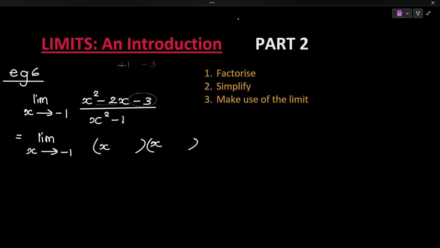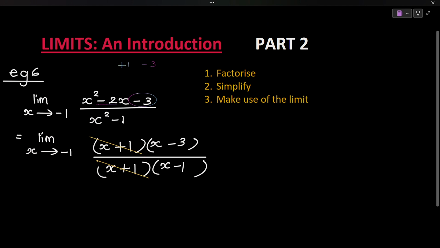So one bracket is going to have x plus 1, the other bracket will be x minus 3. Denominator is difference of two squares, so that's going to be x plus 1, x minus 1. We are going to simplify by cancelling out the x minus 1 at the top and at the bottom. Now we are ready to make use of the limit.